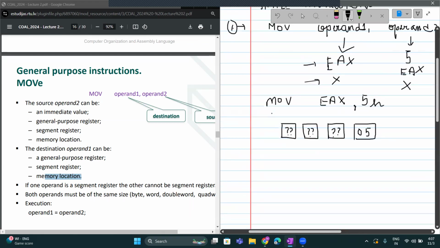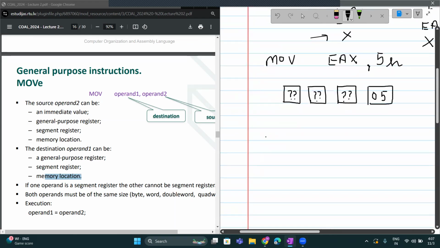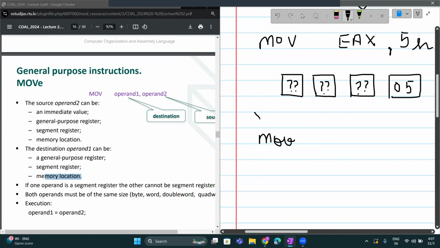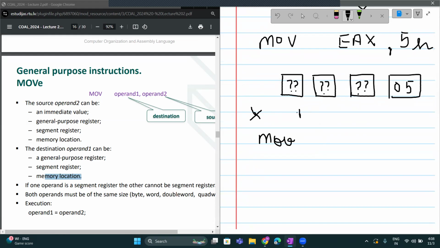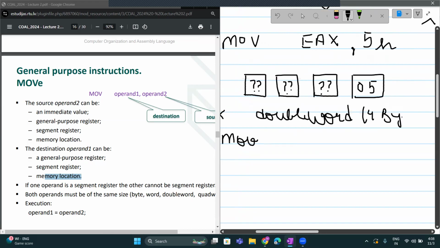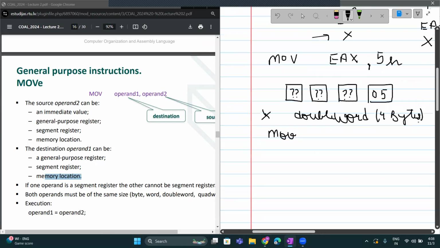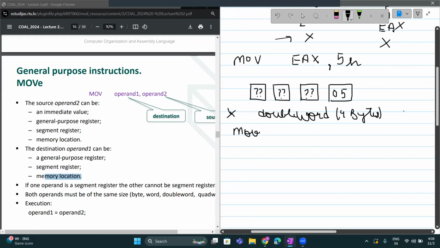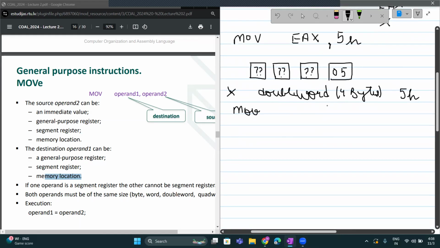But for instance, if we have some variable x, which is a double word, and a double word is also basically 4 bytes, and its value is 5h, what will happen here?